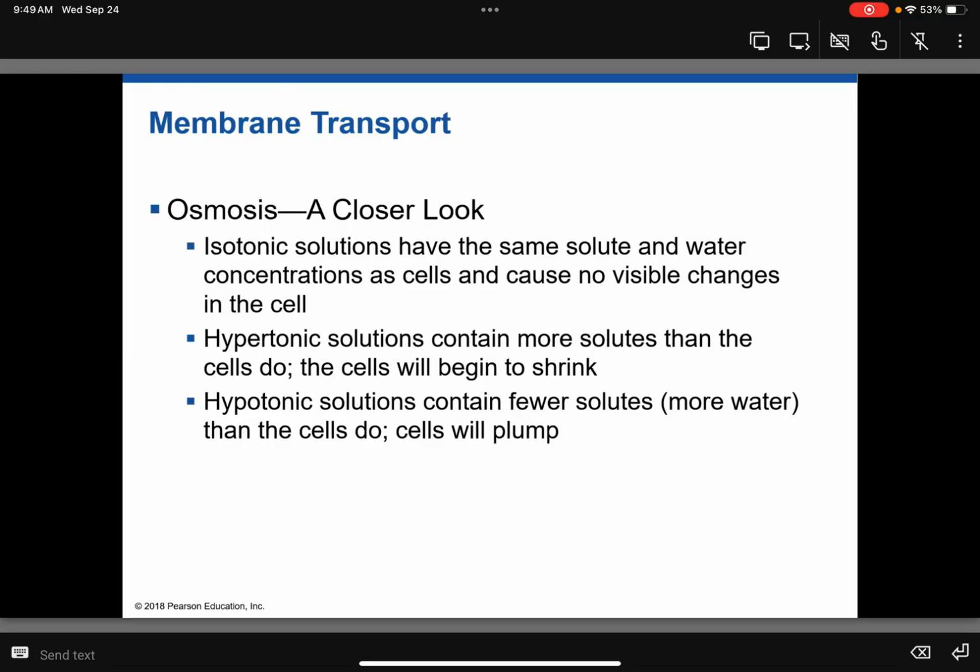And then a hypotonic solution, the solution that the cell is in contains fewer solutes, which means more water than the cells do, and the cell becomes really plump. Okay, it starts to grow because there's more water coming into the cell than is leaving the cell.